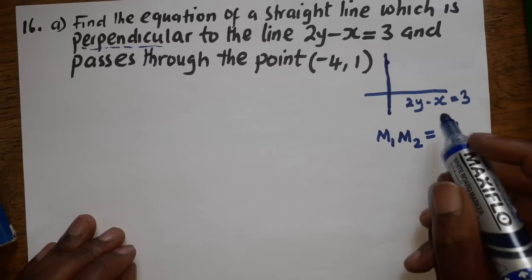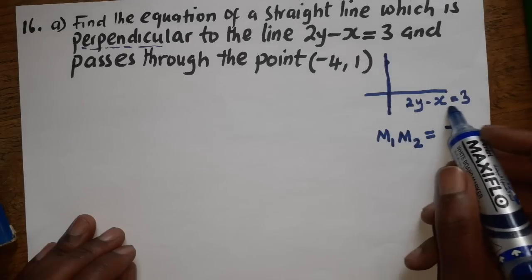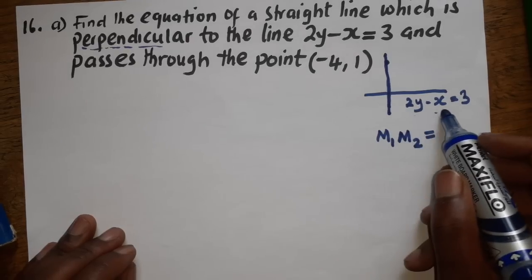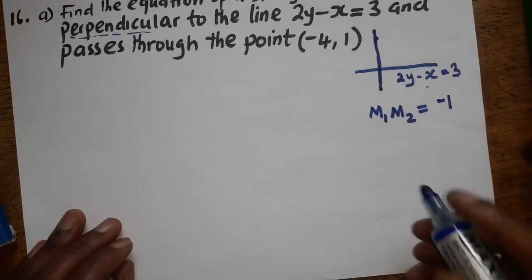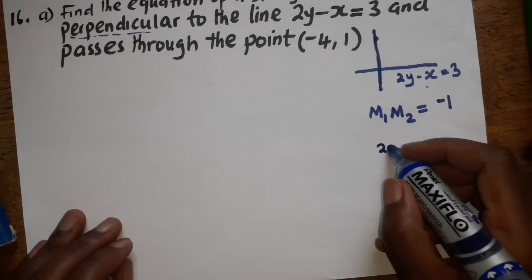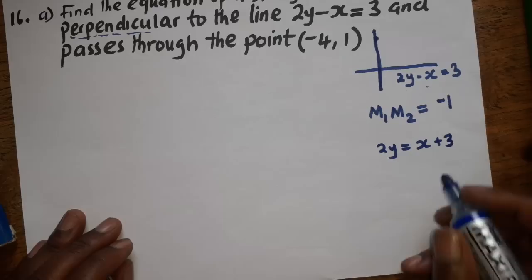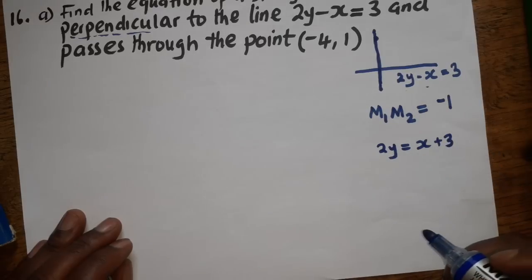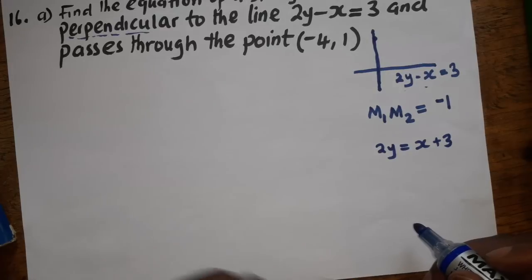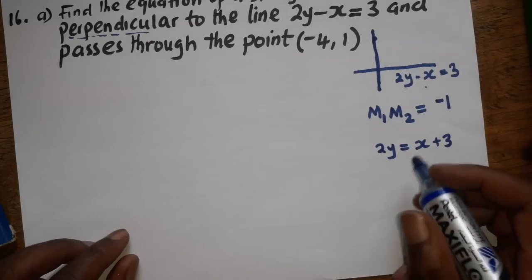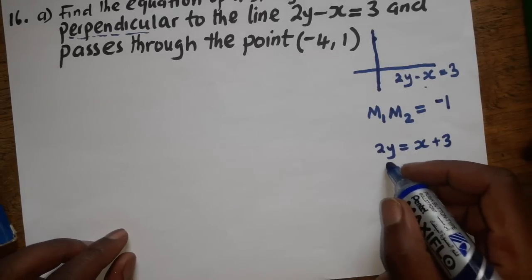So the first thing that we're supposed to do is to find the gradient of this line. How do we find the gradient of this line? We need to make y the subject of the formula. So we have 2y equals x plus 3. Remember, we need to make y the subject, so we divide throughout by 2.